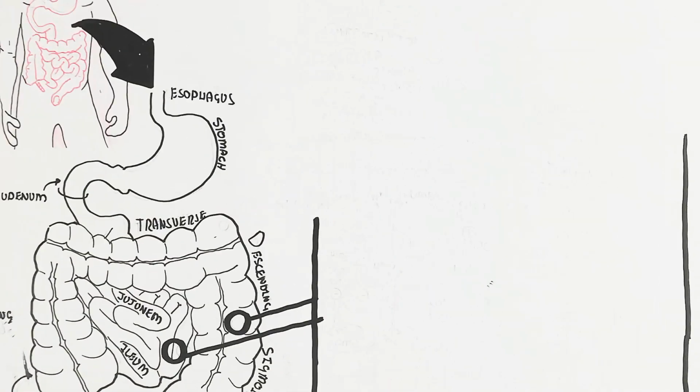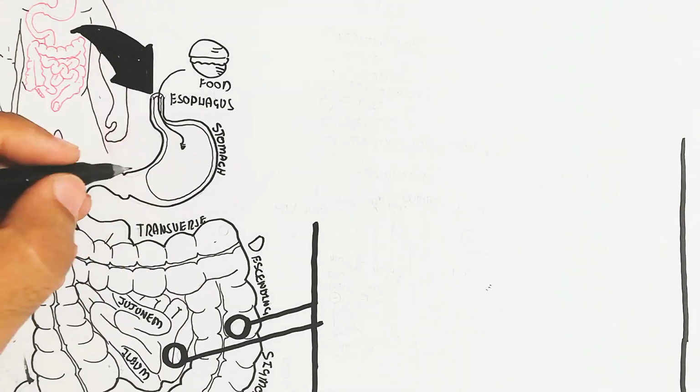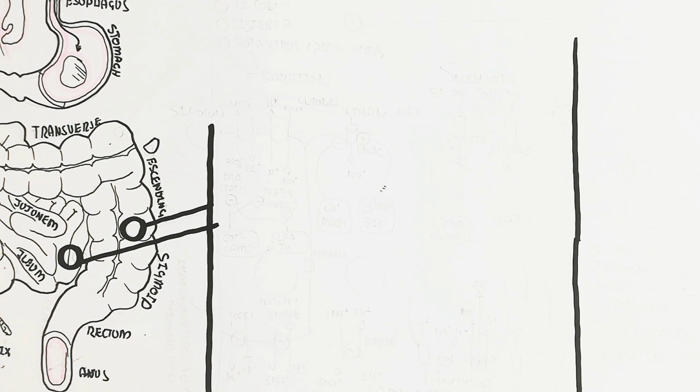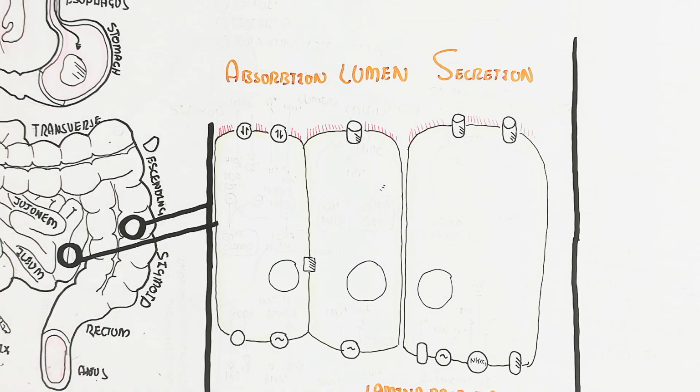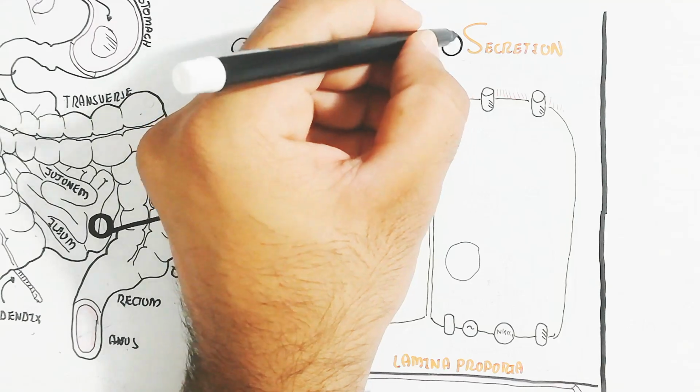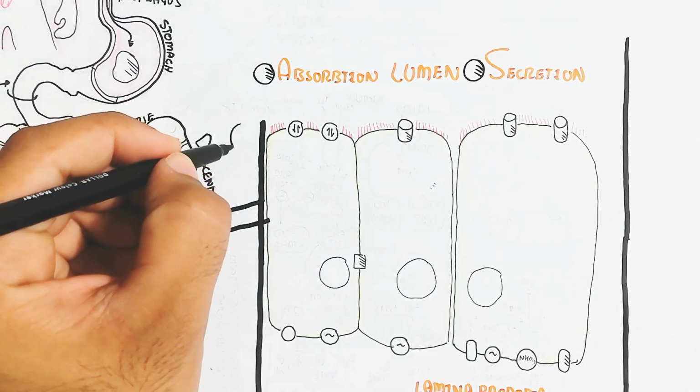Anyhow, let's understand absorption first and then secretion. So how does our digestive system absorb water? This is the enterocyte. First, we will understand the small intestine and colon enterocyte, the epithelial cell.